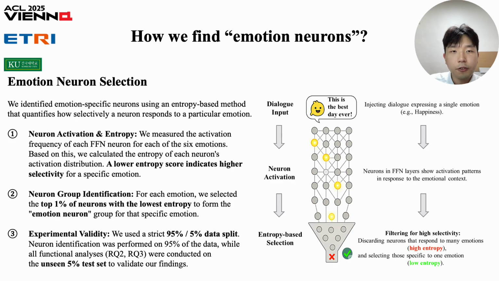Based on this, we selected the top 1% of neurons with the lowest entropy for each emotion. To ensure validity, we identified neurons on 95% of the data, but all our functional analysis was done on a completely unseen 5% test set.